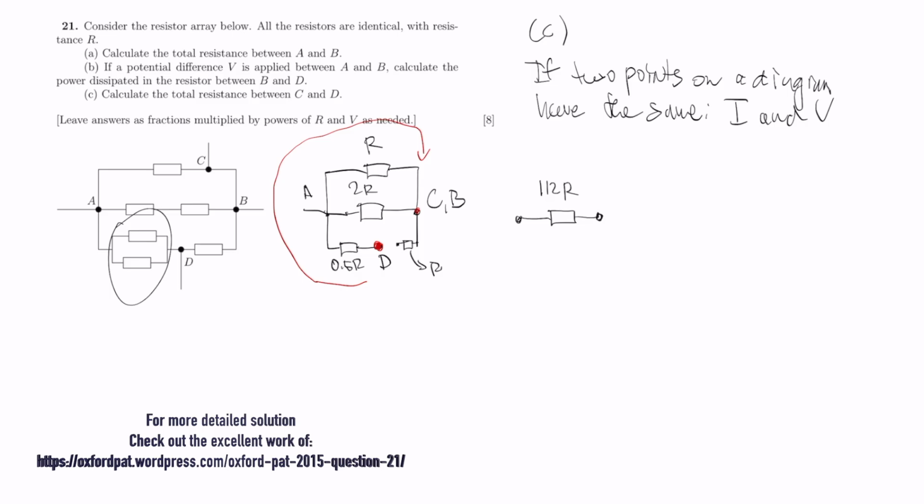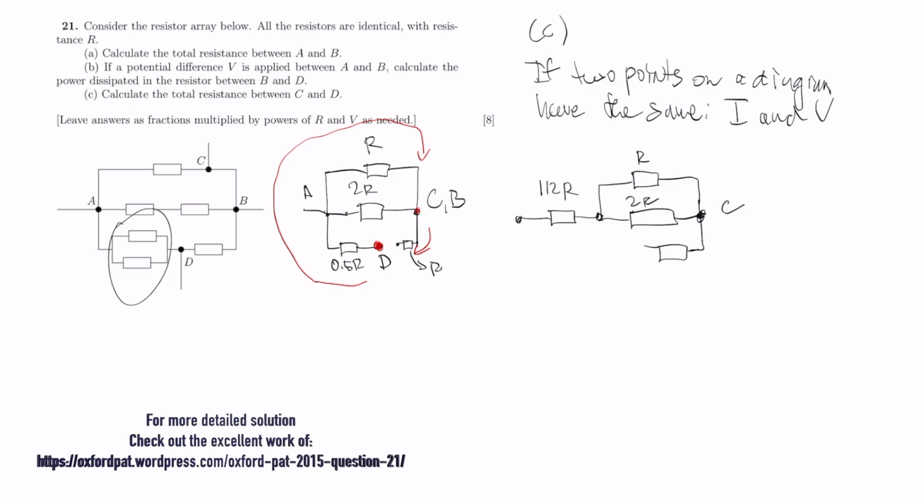And we go into this circuit: that's R, and underneath we have 2R. Then we have yet another junction, and this here is point C. And then we have this part of the circuit, which is just this one here.